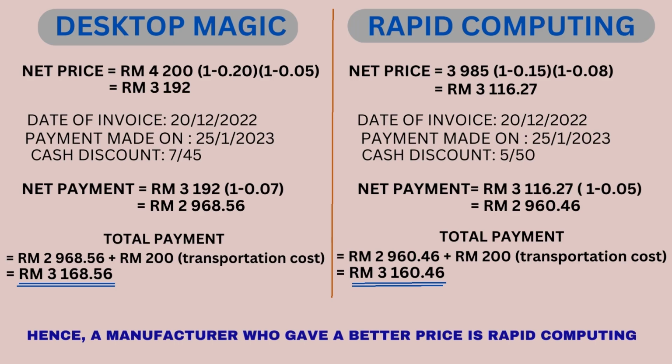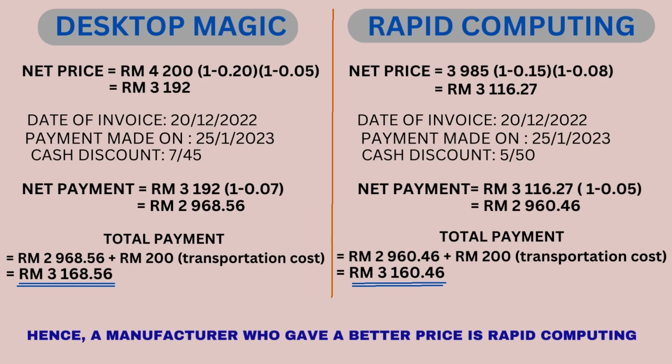Meanwhile, for Rapid Computing it is 3,116 ringgit 27 cents multiply 1 minus 0.05. So the net payment for the laptop from Rapid Computing is 2,960 ringgit and 46 cents.